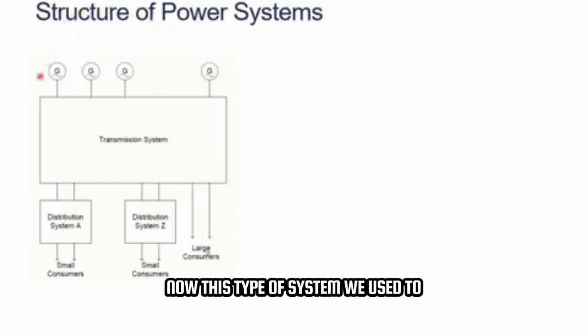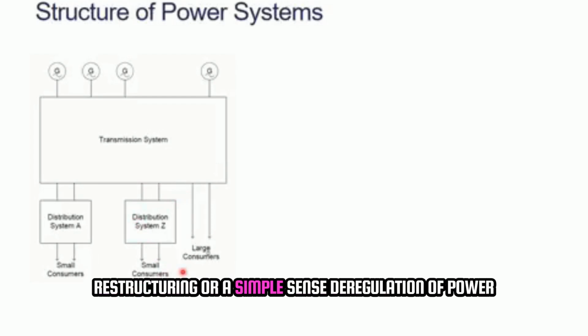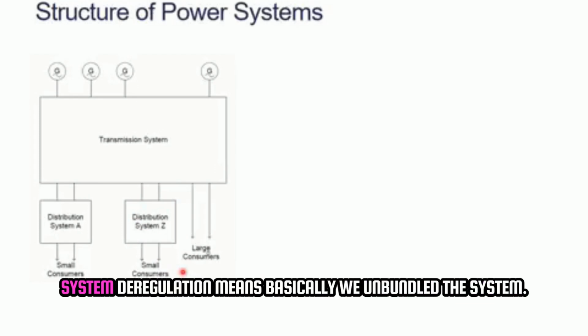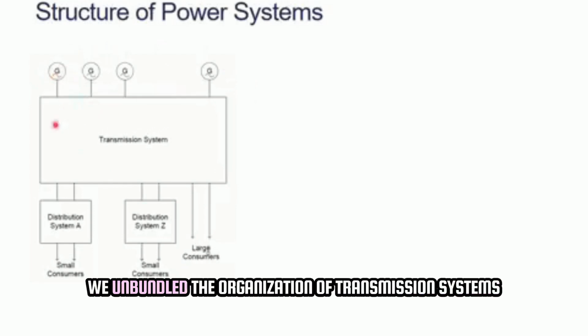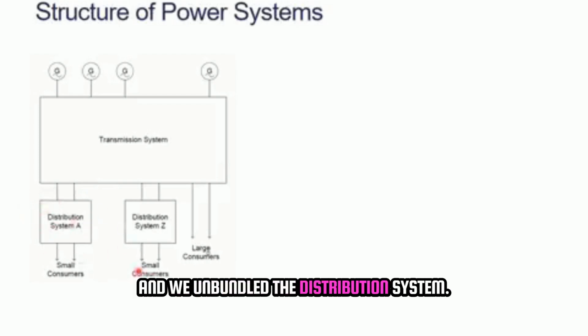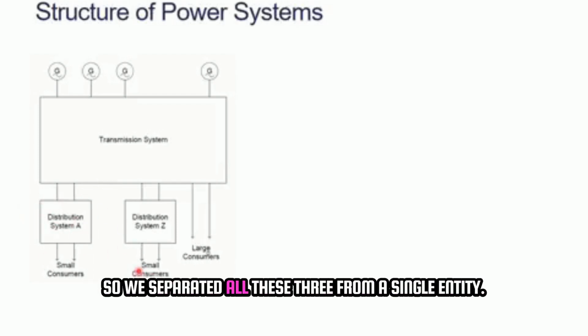Now this type of system we used to see before the liberalization, or restructuring, or in a simple sense deregulation of the power system. Deregulation basically means we unbundled the organizations of generation, transmission, and distribution. We separated all these three from a single entity.